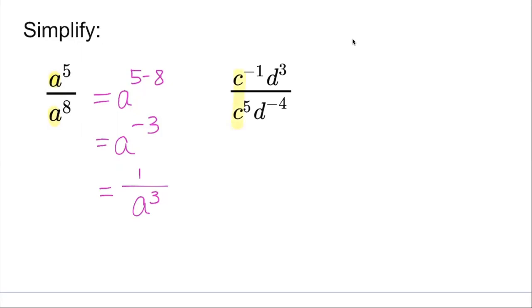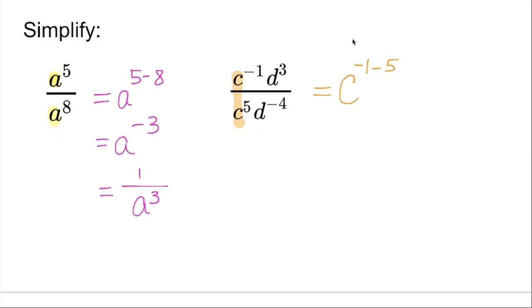Let me change to a different color here, orange. So I'm going to work with a c. When I work with a c, I'm going to think about, do I multiply or divide here? In this case, a division. So because division, I'm going to subtract. So negative 1 minus 5. That's the exponent for my c.